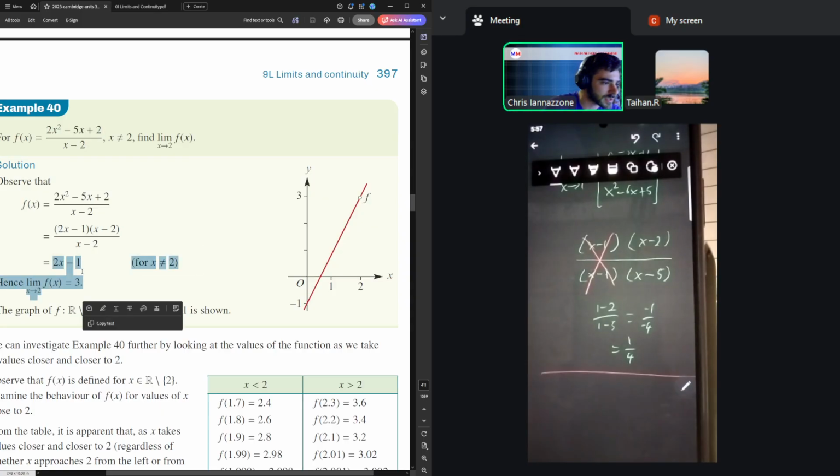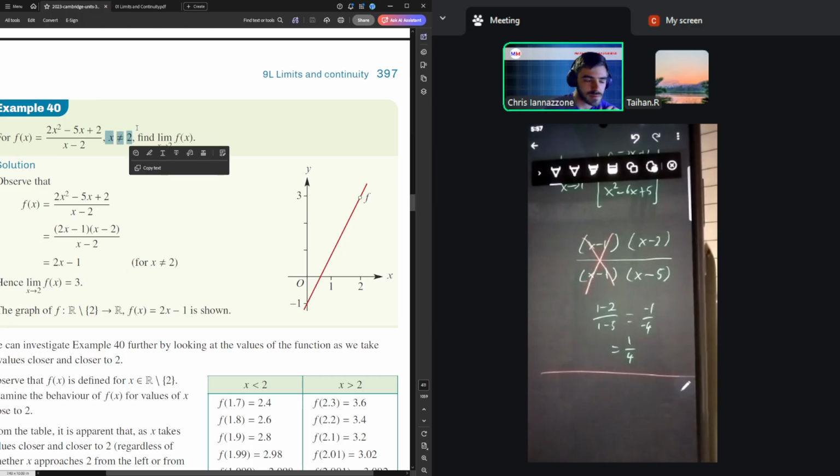These two are functionally identical, with the caveat that this domain is still applicable here. Because that original function had a discontinuity at x equals 2, after simplification, that domain is going to propagate through. So when you actually look at the graph of 2x minus 1, you're going to get this red line over here, but there's going to be a discontinuity there.